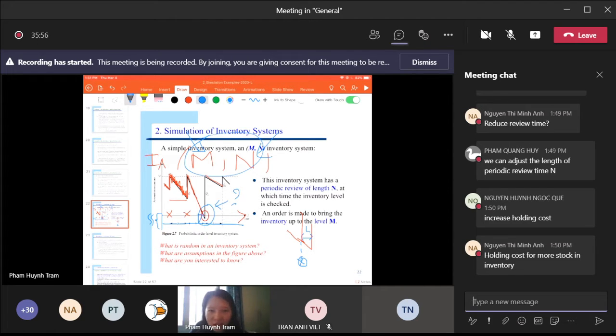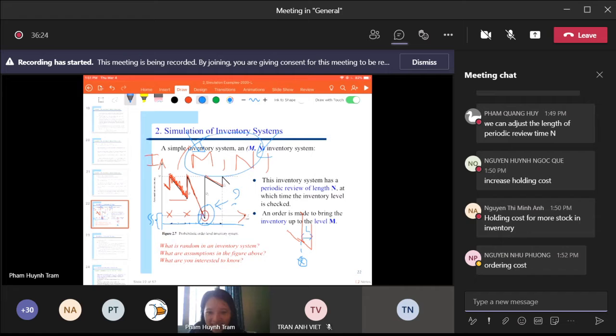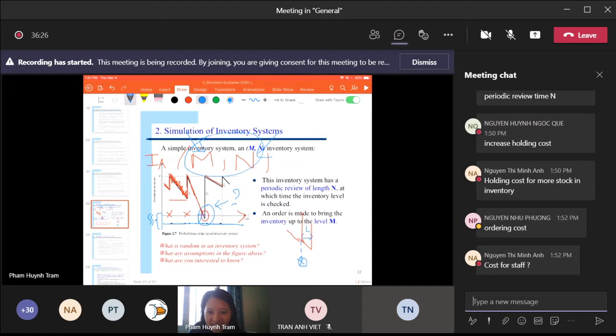What are the other costs we need to spend in inventory management? If we review very frequently and place orders frequently, what are the costs associated with that? Ordering costs, right.